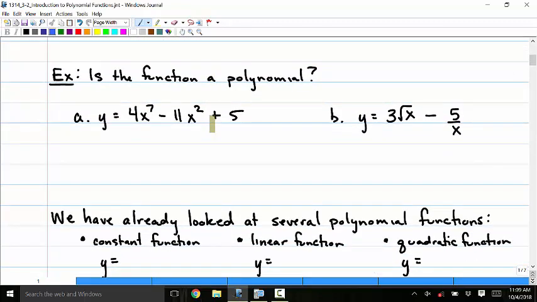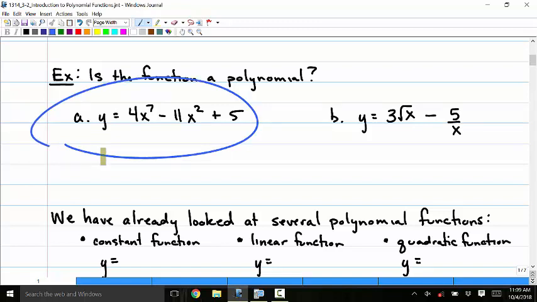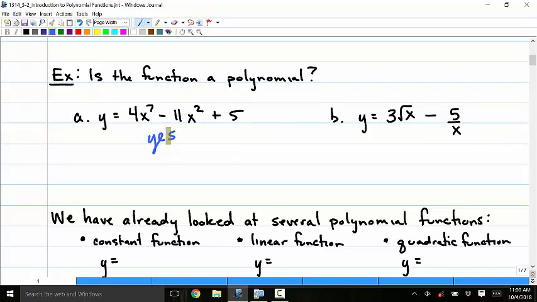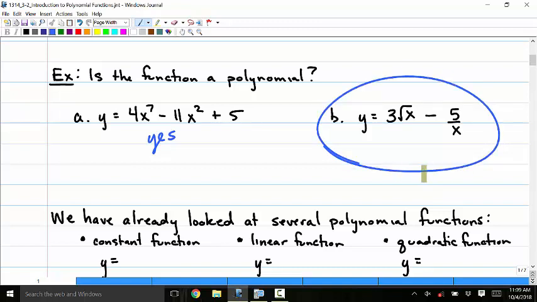Is this function a polynomial? This first one. Do I have a number times x to a power? Yes. And are they decreasing powers of x? Absolutely. So yes, that is a polynomial. Now I should also say that they're decreasing integer powers of x. Because on example B over here, I have y equals 3 square root of x minus 5 over x.